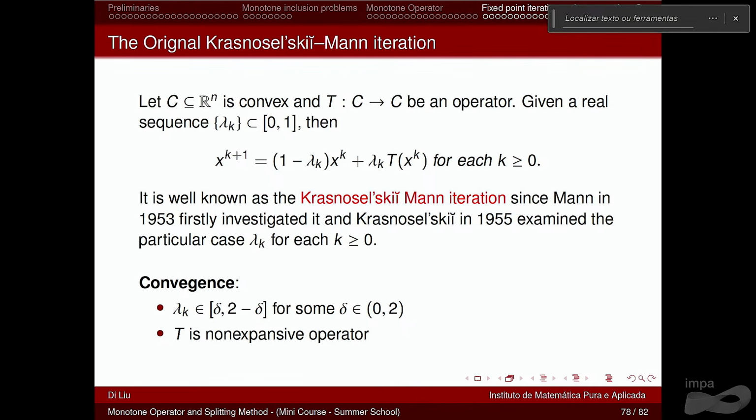And the results about this iteration have also been developed over the last ten or twenty decades. Okay, so we can give some extensions of this iteration. First, instead of using lambda, we use lambda k here.